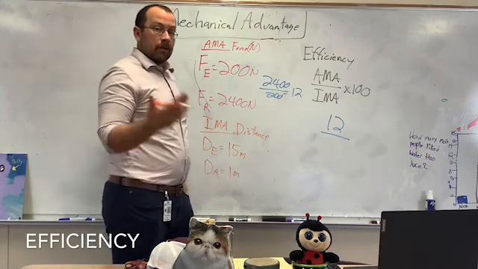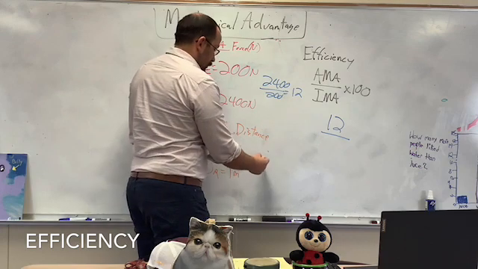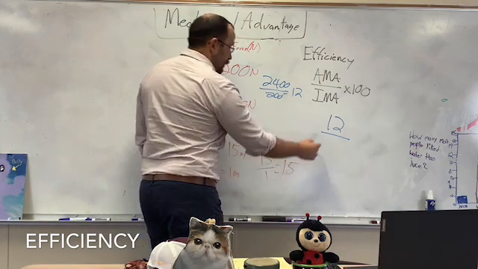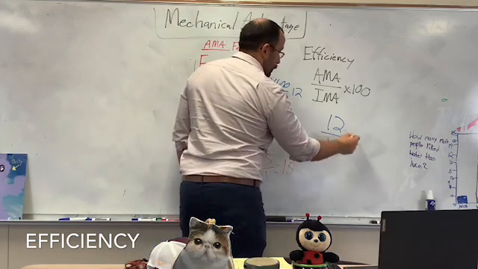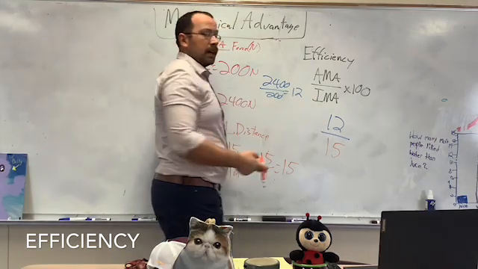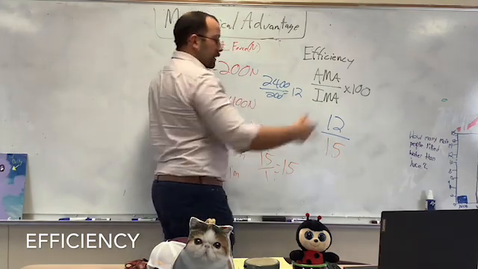Going back to our formula, 15 over 1 gives us 15. So my actual mechanical advantage is 12, I put that on top. My ideal mechanical advantage, 15, I put on the bottom.